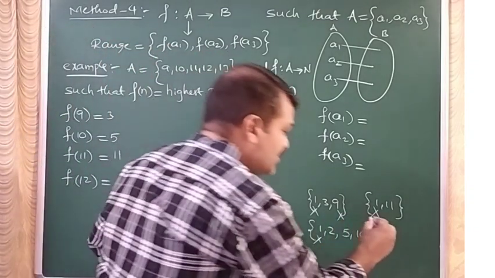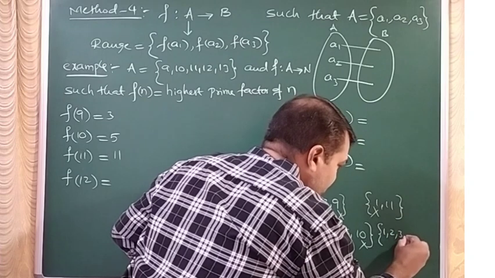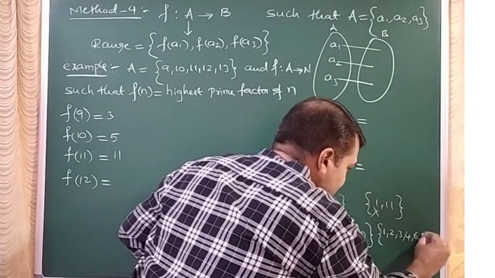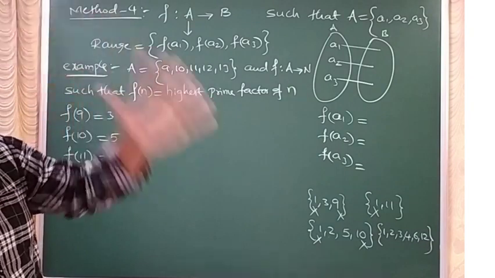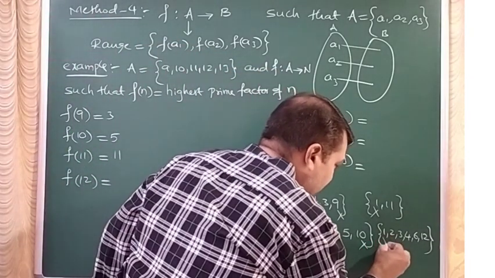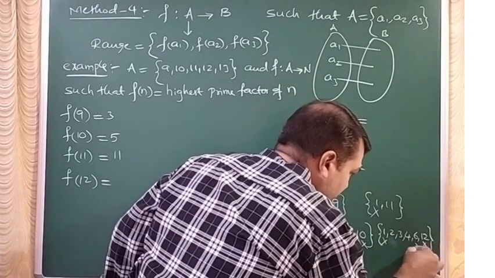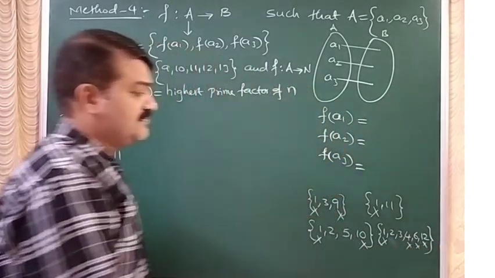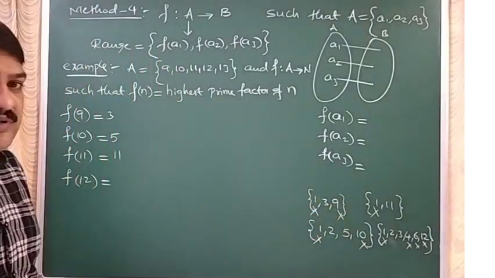Now come to image of 12. What are the factors of 12? Factors of 12 means you can take 1, 2, 3, 4, 6, 12. Highest prime factor you want, so remove non-prime numbers. Among prime numbers, only 2 numbers are there, 2 and 3.